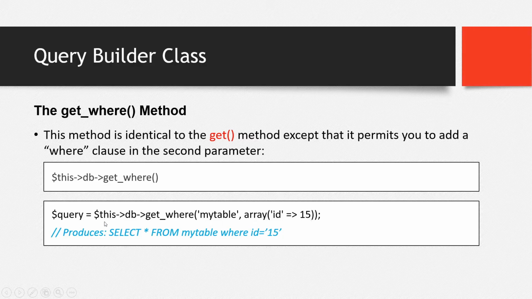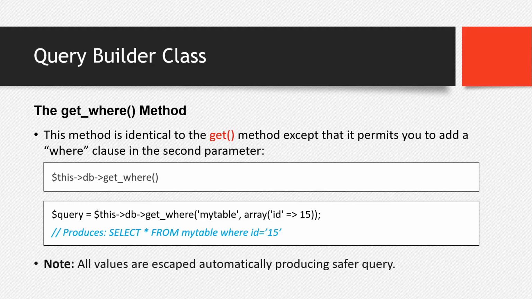Okay, then this particular method will produce this kind of SQL string, which is select all from my table where ID equals to 15. Okay, note, all values are escaped automatically, producing safer query.